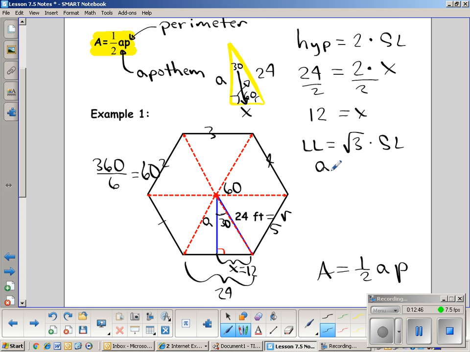A. And the short leg we said was x, but we just discovered that x was 12. And so A is equal to 12 square roots of 3. Now we've done all that work.